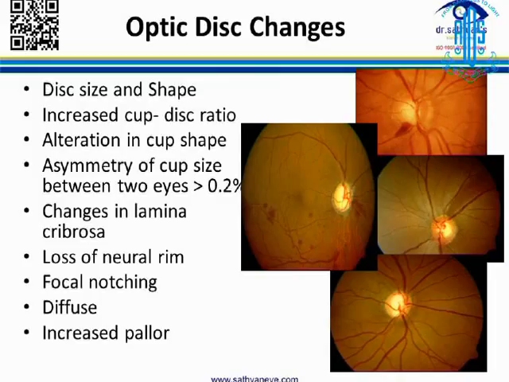And as Dr. Devin has told you very clearly about how to read the disc, just to re-emphasize, the disc size and shape is important, and of course all the other findings: the neuroretinal rim, the notching, the pallor. Each one, I have a lot of slides, I'll just show you.